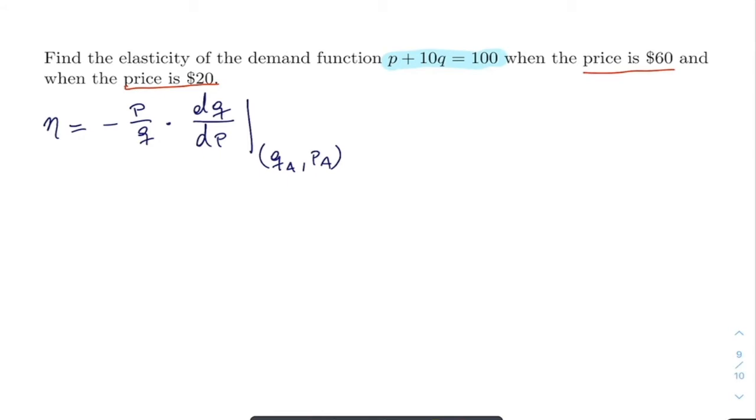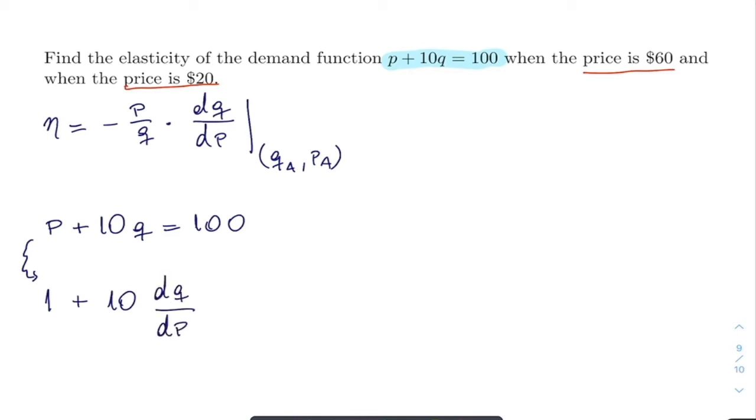Well, we use implicit differentiation on our equation. So we have that the equation involved is P plus 10Q equals 100. We can use implicit differentiation with respect to P, and we will get the following. The derivative of P with respect to P is just 1. Then we will get 10 times the derivative of Q with respect to P equals 0.